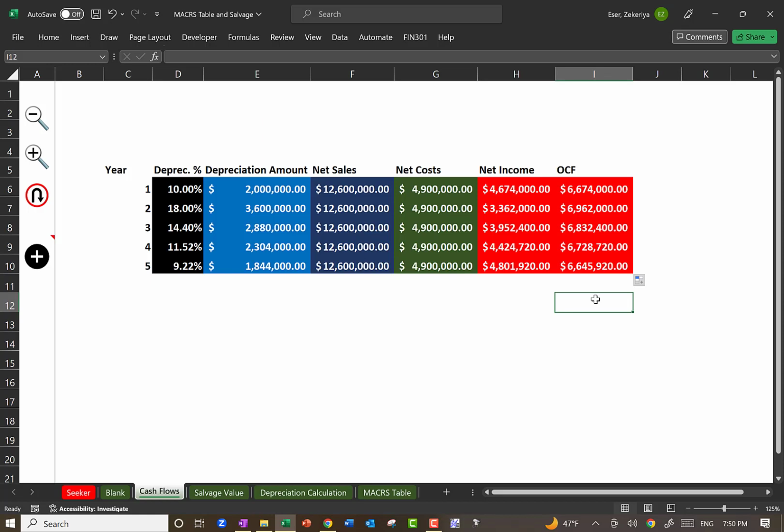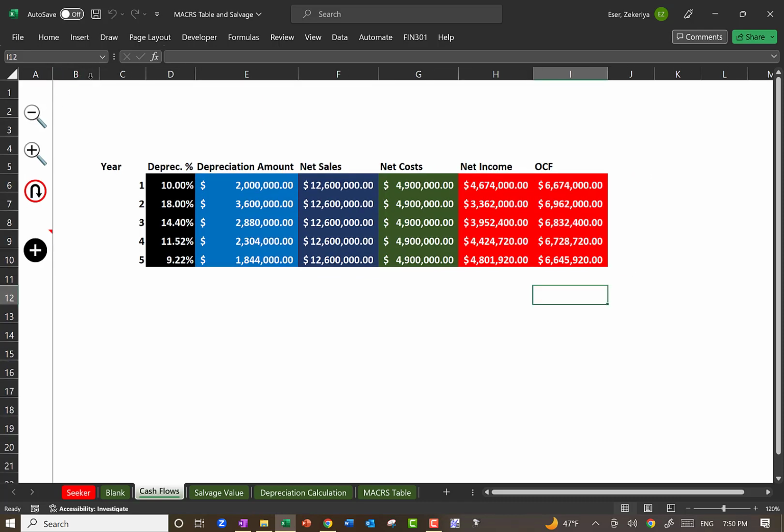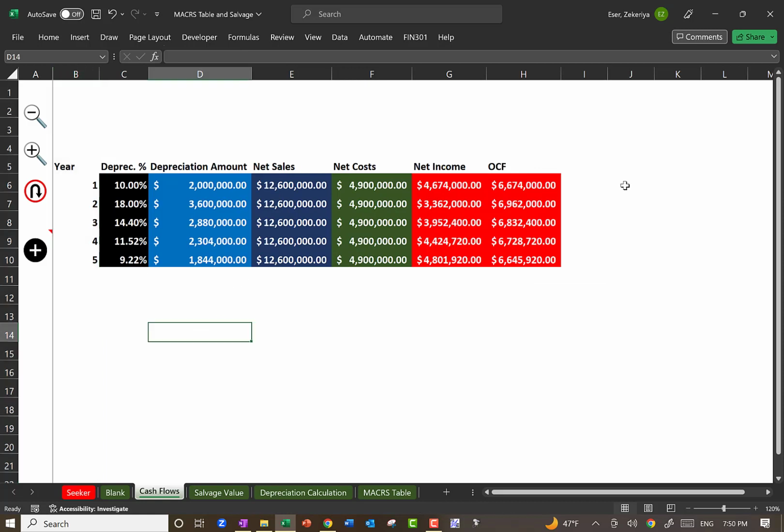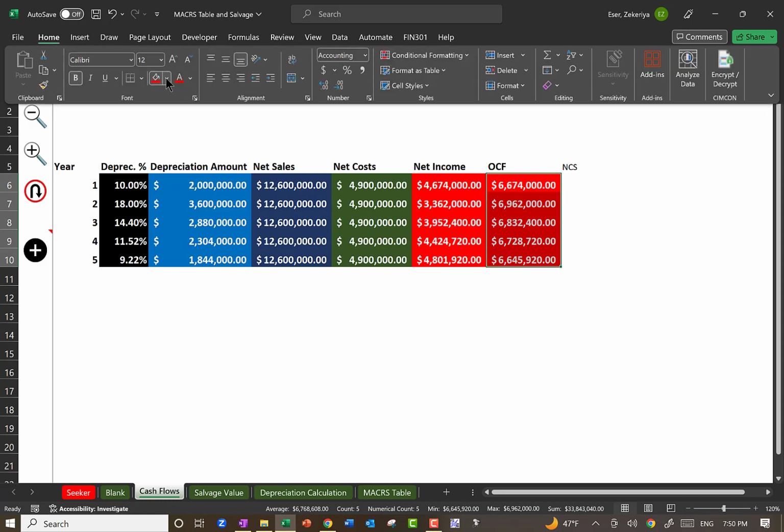So we got our OCF. Remember, we already had, let me delete this. We already have our NCS numbers. Let me use a different color for this. Hot pink.